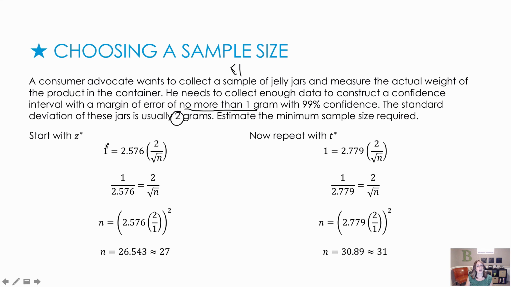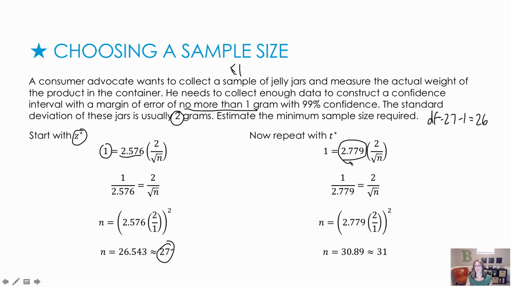Again, I'm using my margin of error of 1. Notice here I've got 2.576, which is my z star for 99% confidence. I'm solving to find about 27, and then I'm going to plug in the 27. I'm going to say that my degrees of freedom are now 27 minus 1, which is 26.